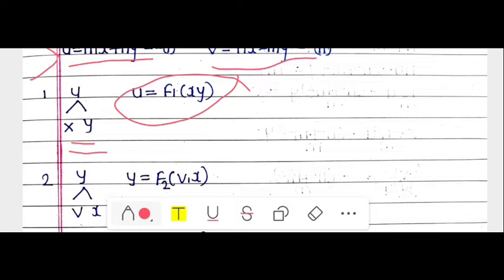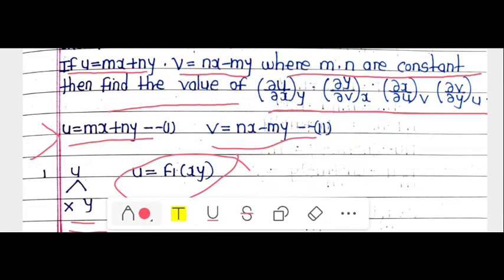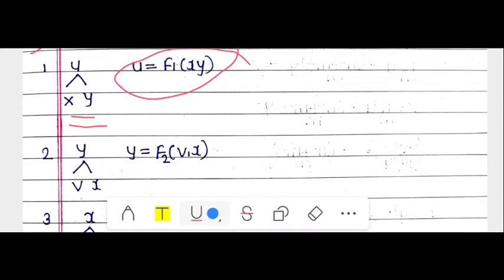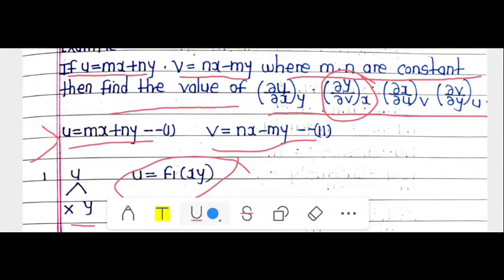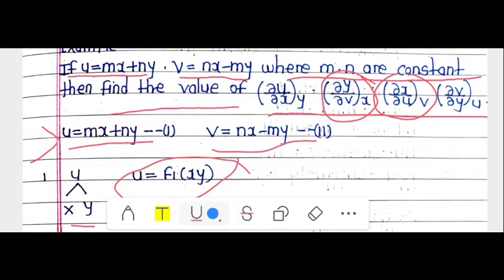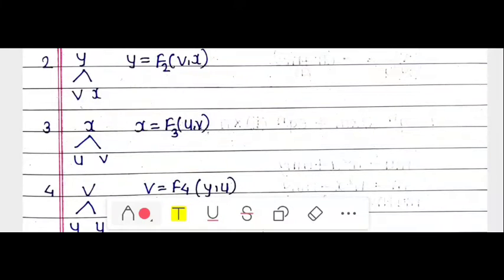Second one, y is a function. To find the next derivative, which is ∂y/∂v suffix x, we require y as a function of v and x. Next, to find ∂x/∂y suffix v, we require x as a function of u and v.